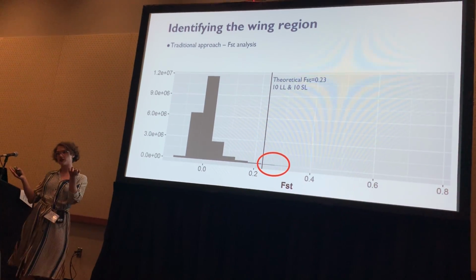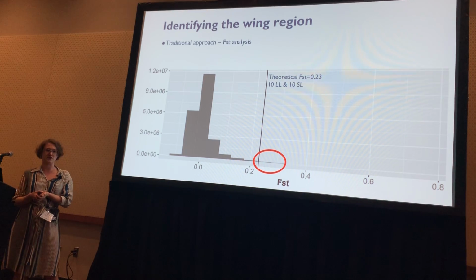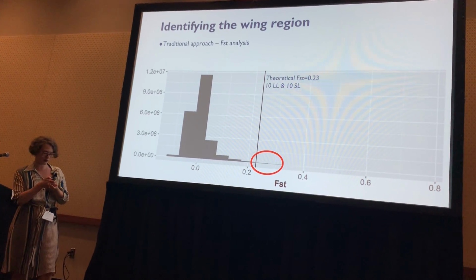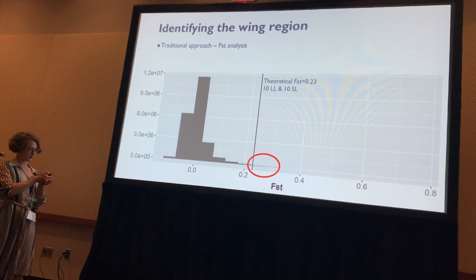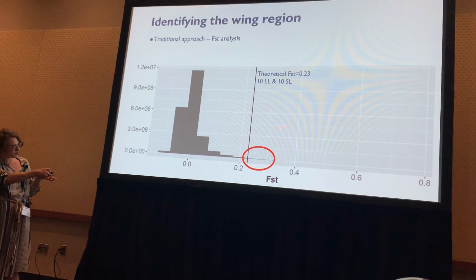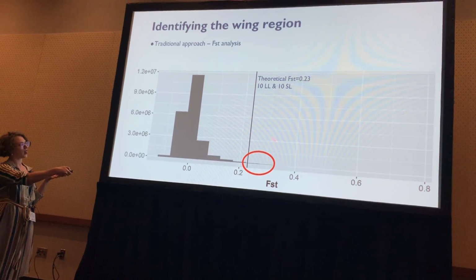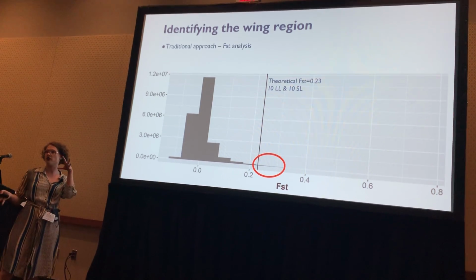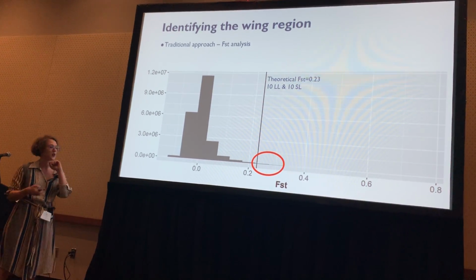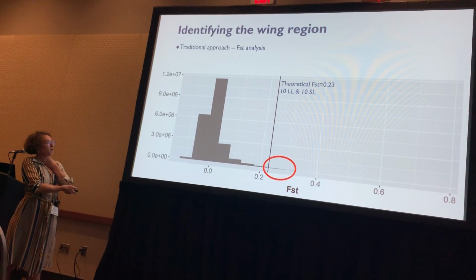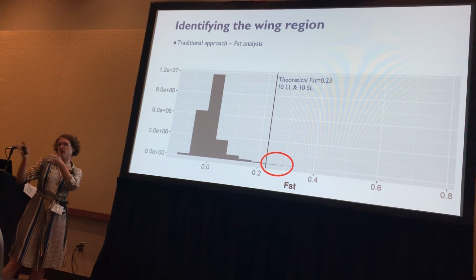The most classical thing to start with is an FST. So we calculated FST values for the SNPs, and then normally we would start looking at outlier SNPs, regions which are very diverged between the two morphs. But here it's just a small slope, so it's hard to say when something is an outlier.